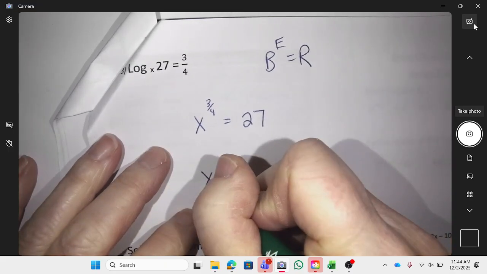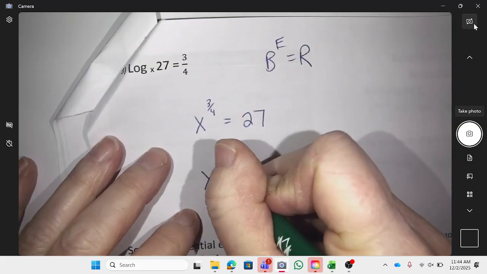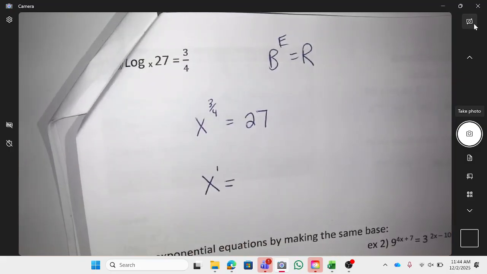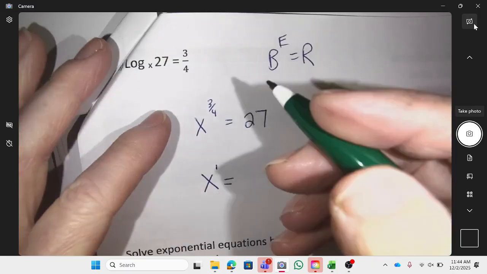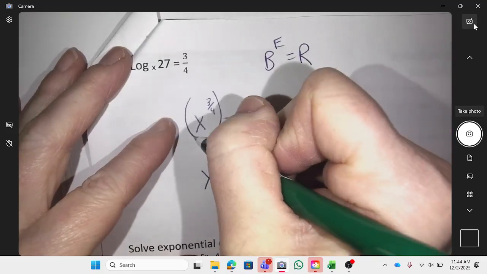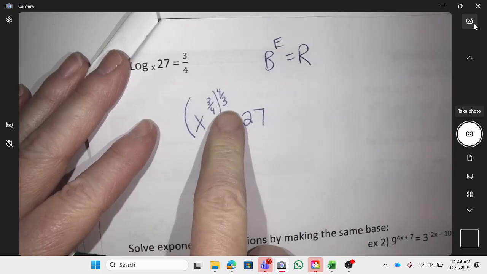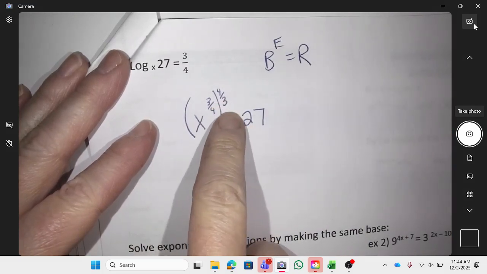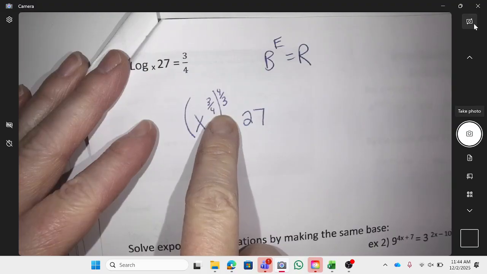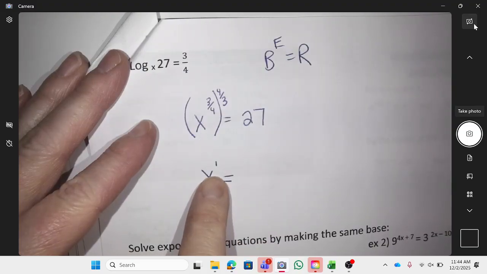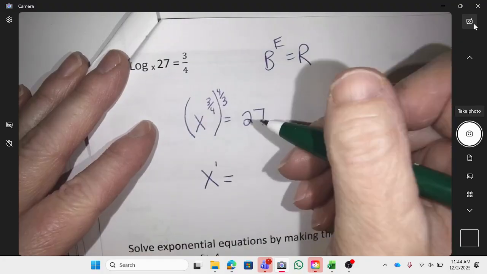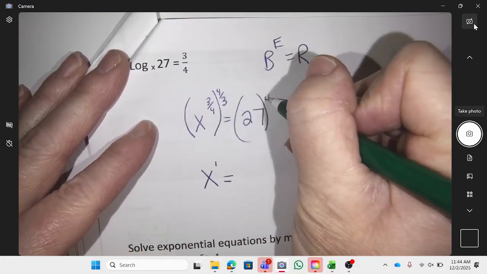I would like to just get x. In other words, I'd like to get x to a 1, right? Just an x is an x to a 1. So I'm going to do this. Would that make an exponent 1? So I'm also going to do that over here.